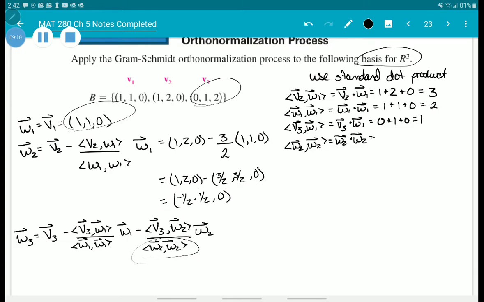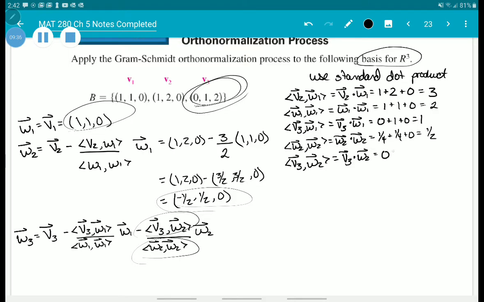So negative 1/2 times negative 1/2 is 1/4. 1/2 times 1/2 is 1/4. Plus 0, that's going to give me a half. And then we need to find V3 W2. So V3 W2 would be 0 plus 1/2 plus 0, which is 1/2. So there's all my dot products I had to find.